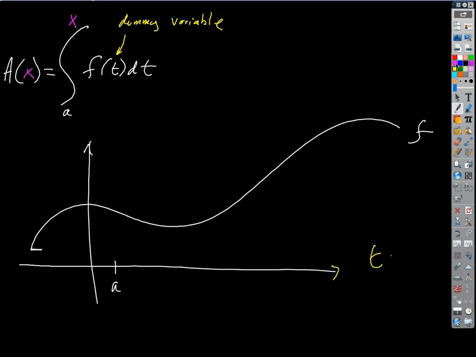So here's x, right there, and this represents the area under this curve. But as x changes, what does that do to the area? It expands, so it's going to either make it bigger or smaller if it's under the x-axis. If x is going backwards, then it's getting smaller. But it's a function of x, isn't it?